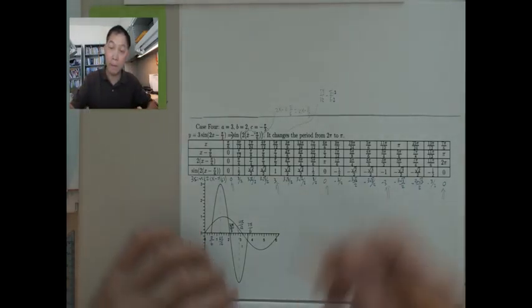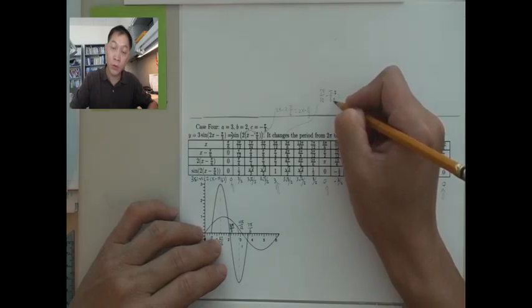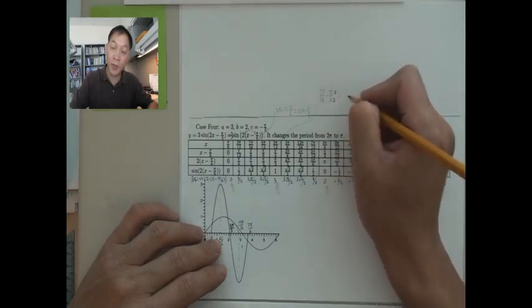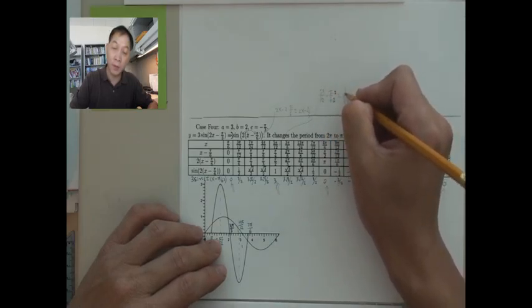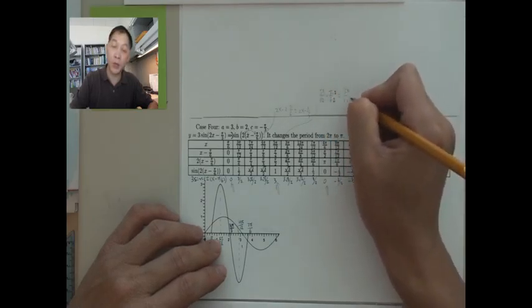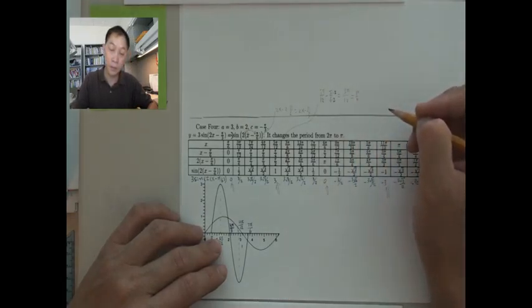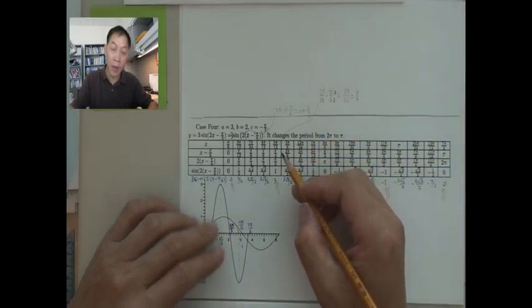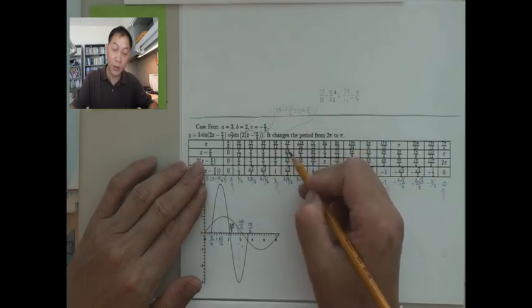So then you will have 6, 2 together is 12. So denominators are the same now. 5 minus 2 is 3. And then reduce it. So pi over 4. Okay. So pi over 4 is x minus pi over 6.